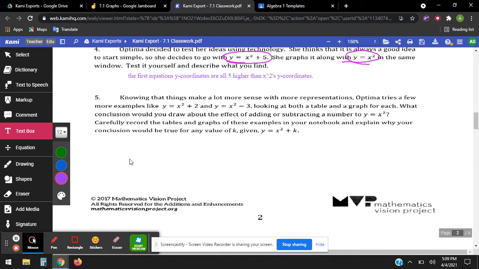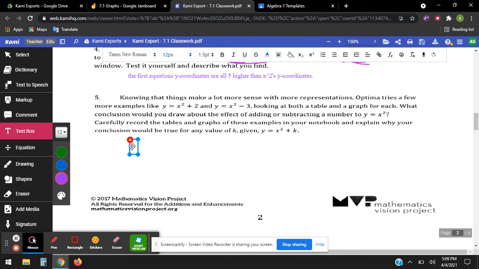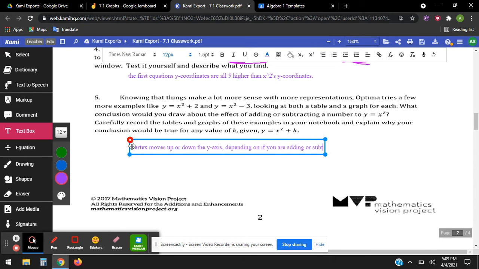So if we are going to explain why this works, the vertex moves up or down the y-axis depending on if you are adding or subtracting from the x squared.